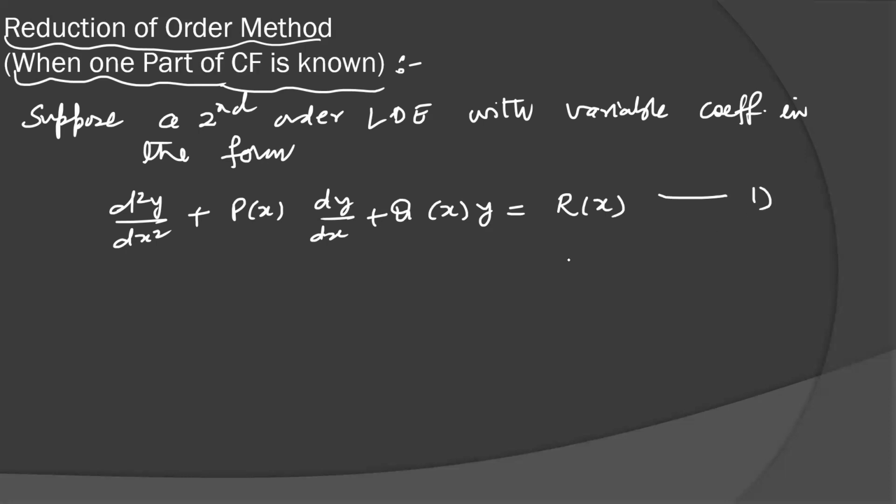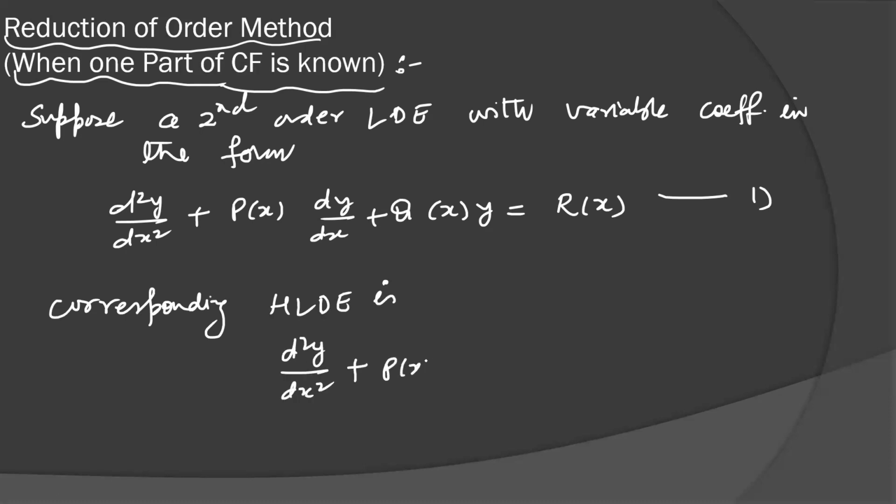This is equation number 1. And its corresponding homogeneous linear differential equation is d2y by dx2 plus px dy by dx plus qx y equal to 0.